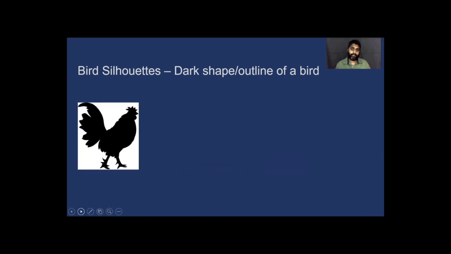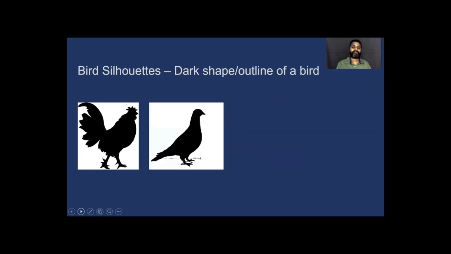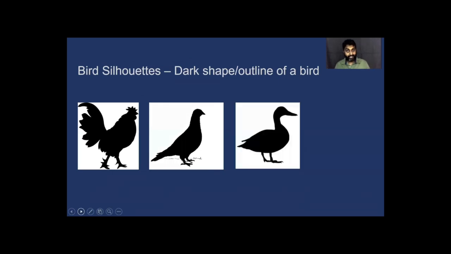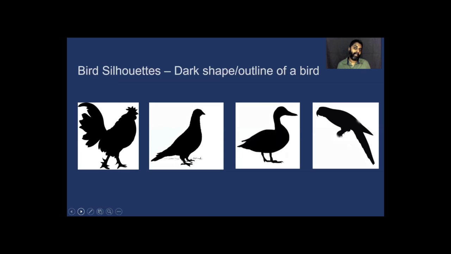Look at this. You can't see the color, but you already know that this is a rooster or a chicken. Look at this. Pigeon, duck, parrot or parakeet. Right? Here you're not seeing any color. It's just the shape of the bird.